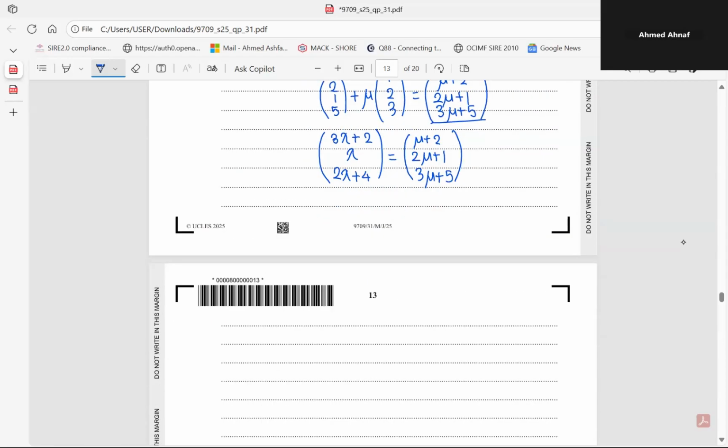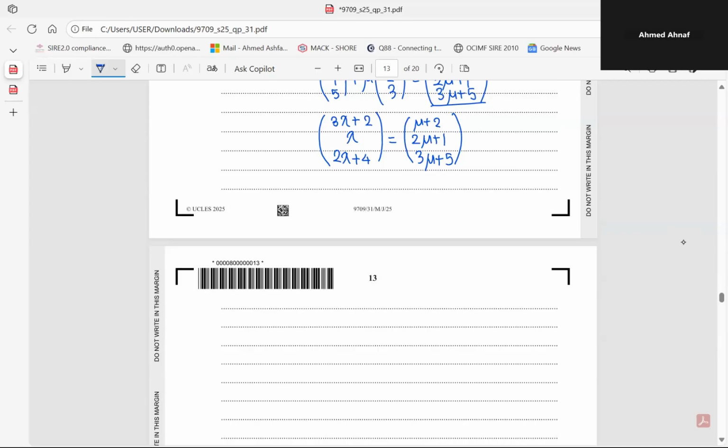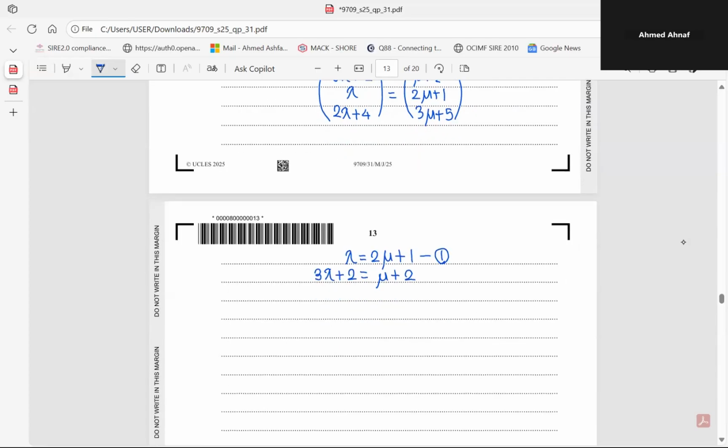For the first equation, we're going to choose the middle portion. This would just be lambda equals 2 mu plus 1. This is the first equation. For the second equation, we choose the top part: 3 lambda plus 2 equals mu plus 2. We substitute 1 into 2.